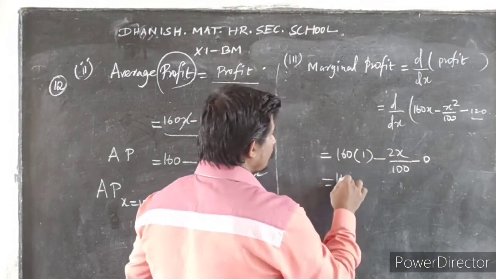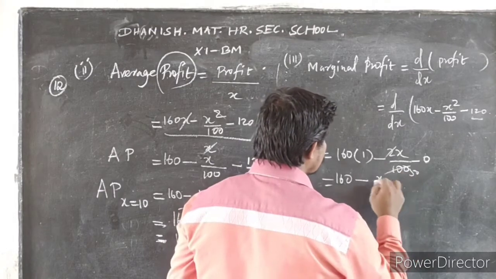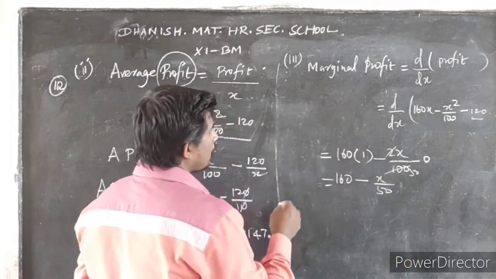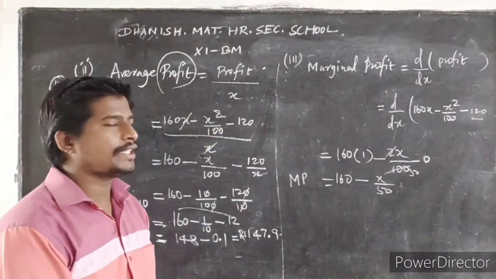Now this is equal to 160 minus 2x by 100. So x by 50. We got our marginal profit as 160 minus x by 50.